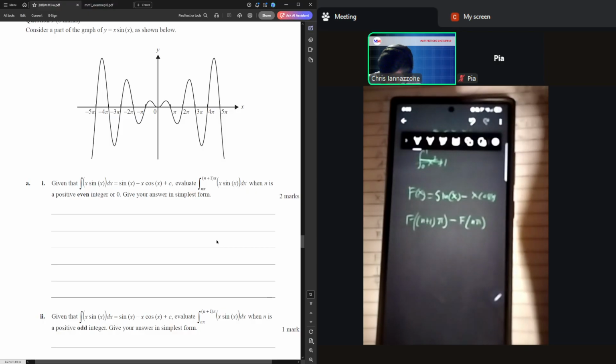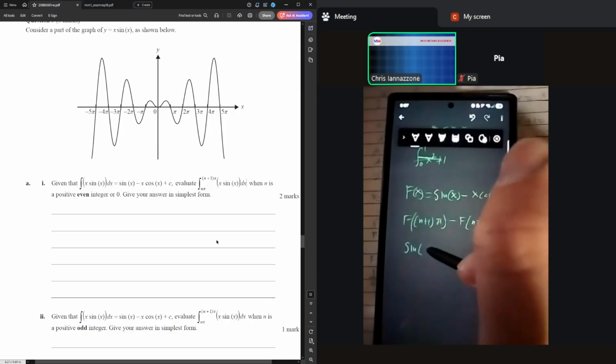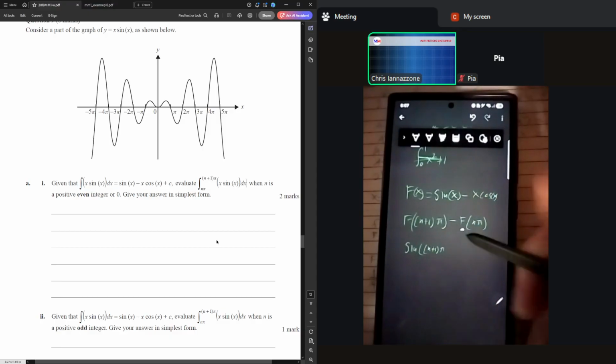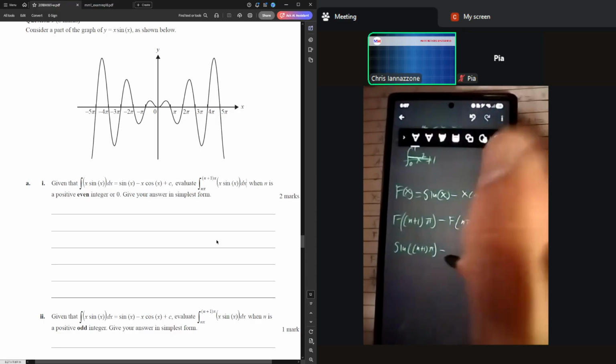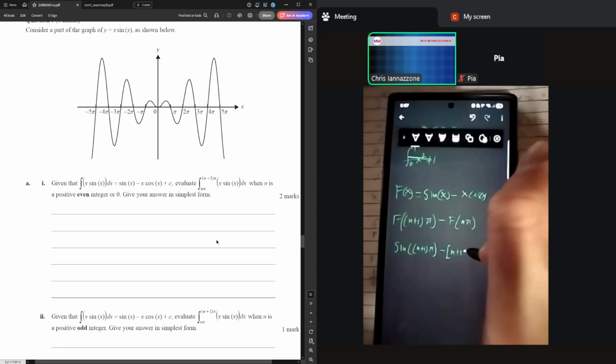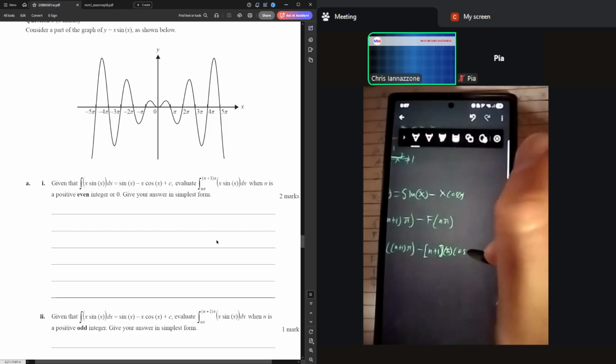Let's see how we go. So sin of (n plus 1) pi minus (n plus 1) pi cos of (n plus 1) pi.